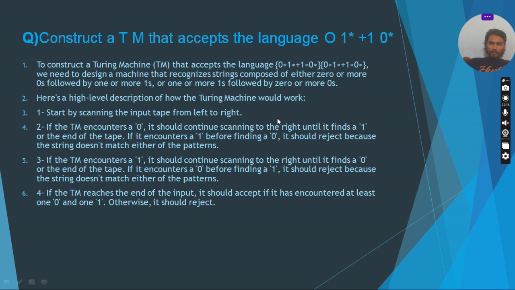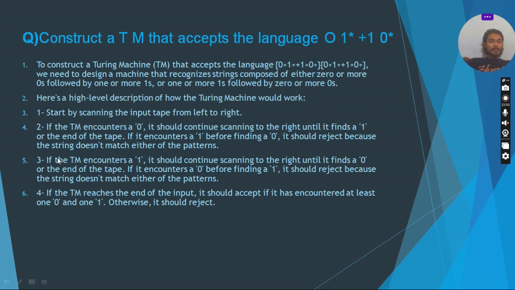If you start with 0 0 0 1 0 0 1, and you got 0 at the leftmost side, you will go to the right until you find a 1 or the end of the tape. If you have only zeros, it will terminate, but if you have a 1, it will continue. If it occurs before finding 0, it should reject because the string doesn't match either of the patterns.